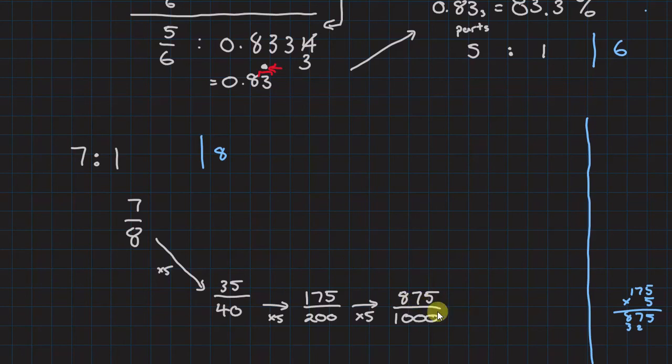This gives me my fraction. We started with that one, but we've complicated it to give us a denominator that's a power of 10. That means that if I take 875, the digits move 3 places smaller. 1, 2, 3. 1, 2, 3. 1, 2, 3. And there's my decimal point. So all of them have just moved past my decimal point.